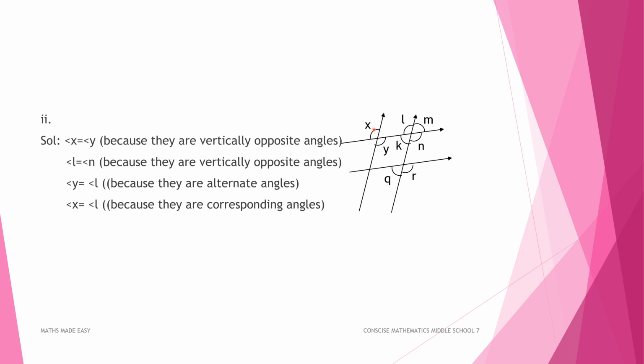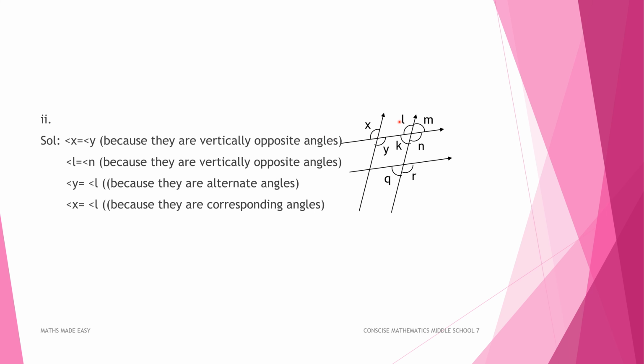As I have already said, a corresponding angle is formed at two intersection points. This is one intersection point and this is one intersection point, and they are forming at two different intersection points, right? And that too both should be on the same side, towards the same side, X and L. So it forms a corresponding angle.